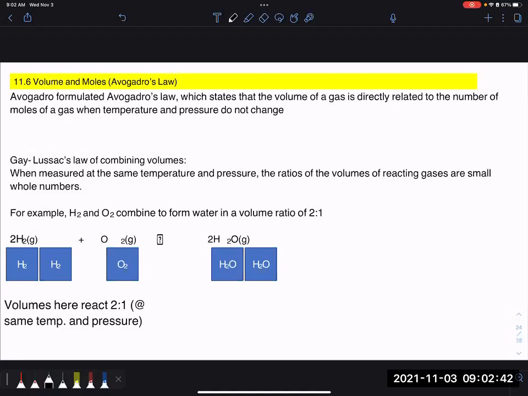Avogadro, so 6.022 times 10 to the 23, that's Avogadro's number, also did this work between volume and moles. As I said, the volume of a gas is directly related to the number of moles of a gas when temperature and pressure do not change. I think I was highlighting these in red: temperature and pressure do not change. Volume and number of moles are changing here.